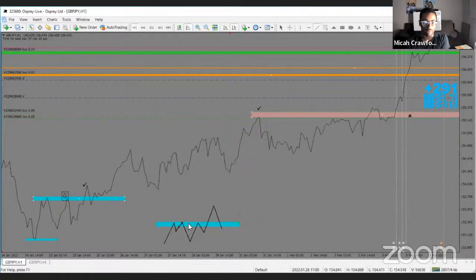You see how it retests that area right here? Now it comes down a little bit and closes below, but eventually the market does respect this area, and then eventually it pushes up even higher. So it's not going to be as perfect, but we understand that resistance became support.